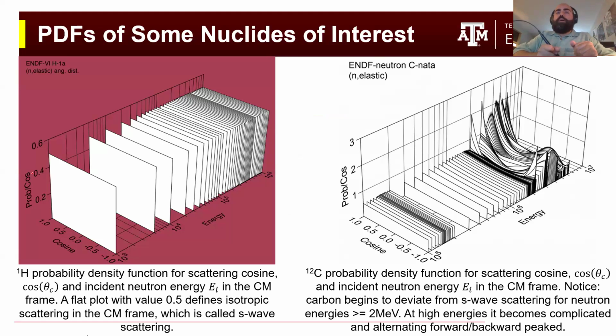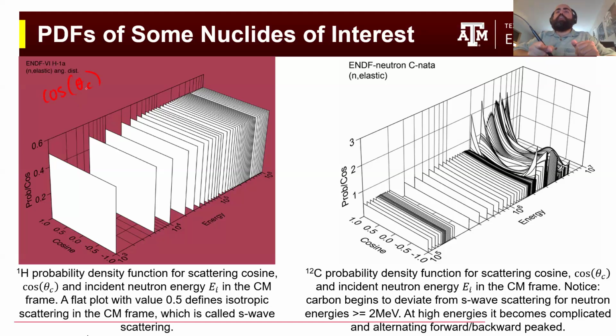So the way that we think about these plots is that the vertical axis is a probability per cosine of the scattering angle, but basically you can just think of it as a probability. The cosine is telling you about the scattering angle.